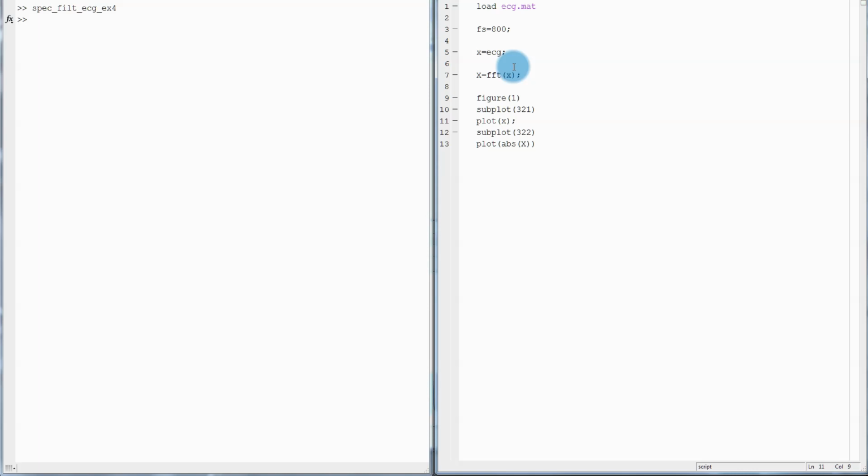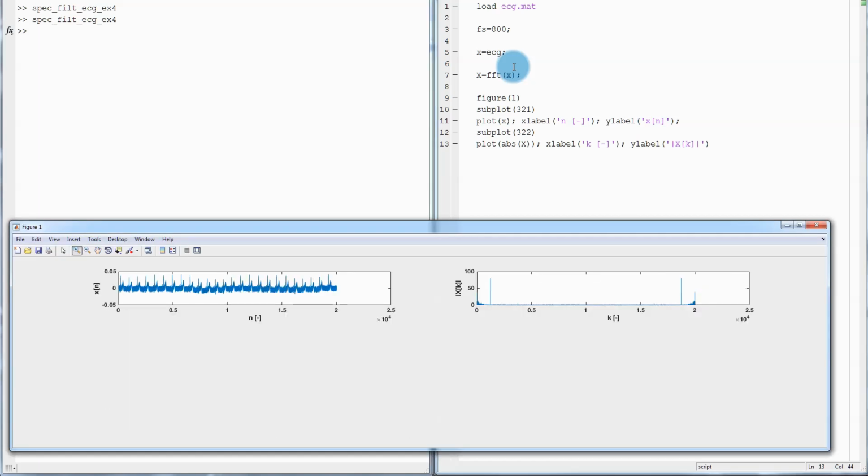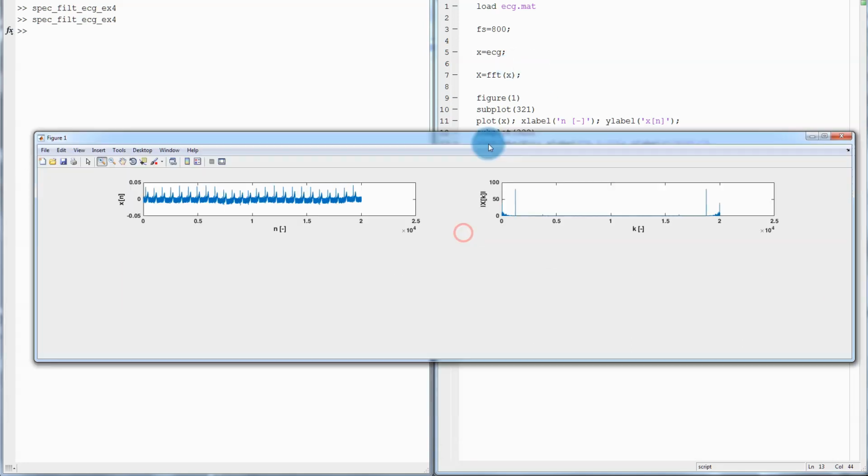And before I run this, I will label my axis. Here I go. And this is what I get.